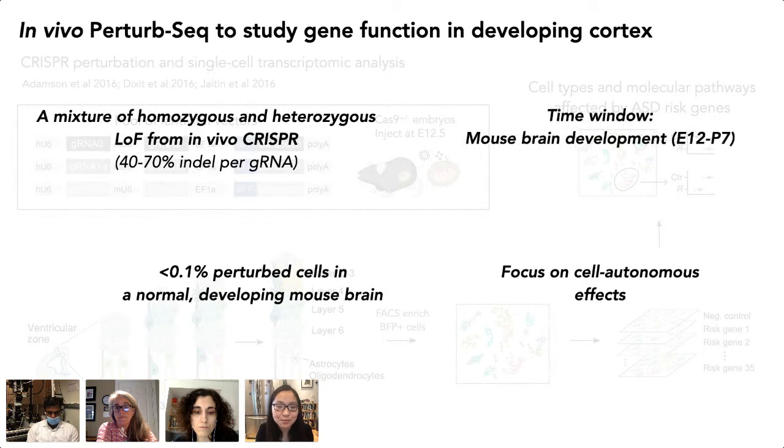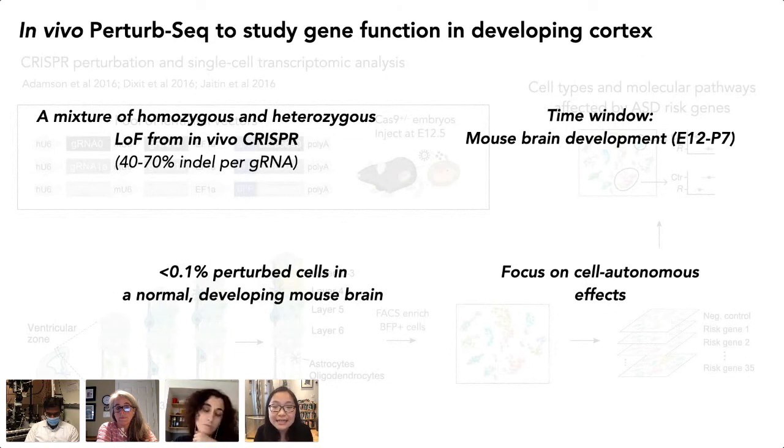You can think about this as more like a conditional knockout that people use in traditional mouse genetics to study gene function. And ultimately, of course, all the functions and readouts that we have are acquired from a developing mouse brain, which might be different from the human genome context.